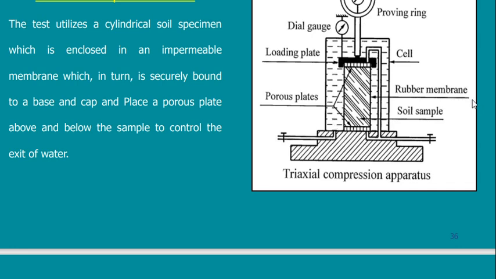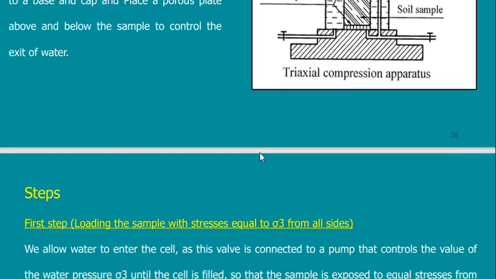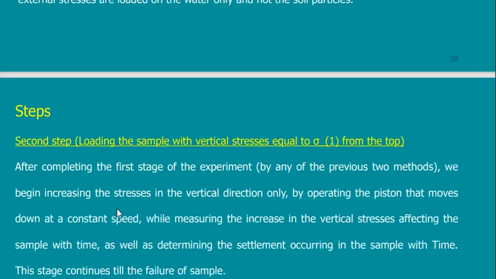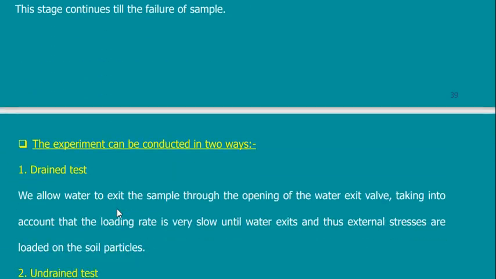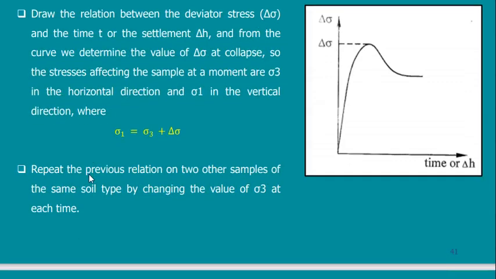The other one, I will close here, and the water inside will carry the additional load, and the sample will be sheared also. But in this case, it is not the final condition, it is still the condition where water is still carrying part of the load. So this is the second step, as we said, drained and undrained.